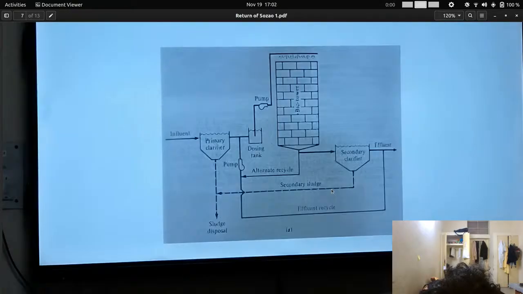Now this effluent goes to my secondary clarifier, and here's the effluent.